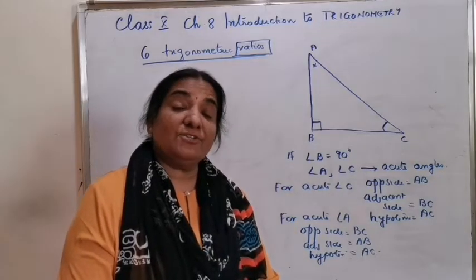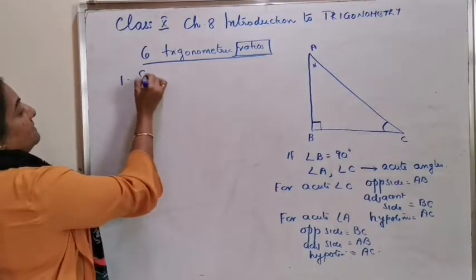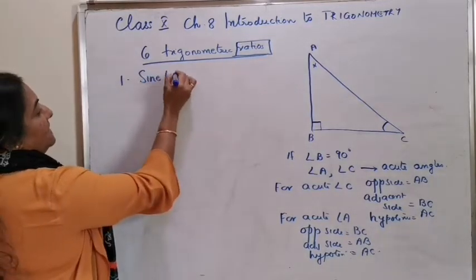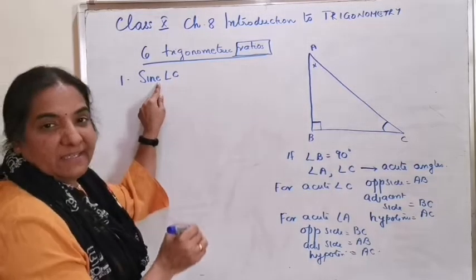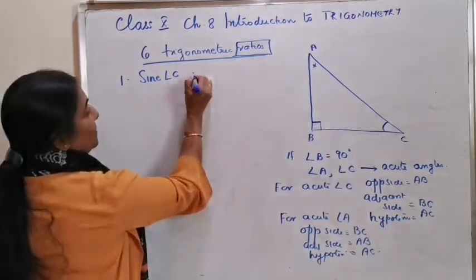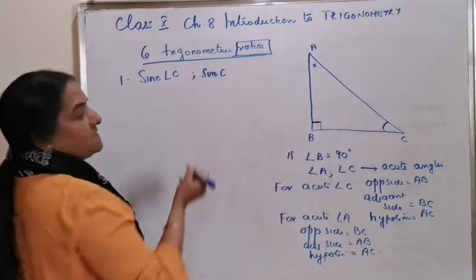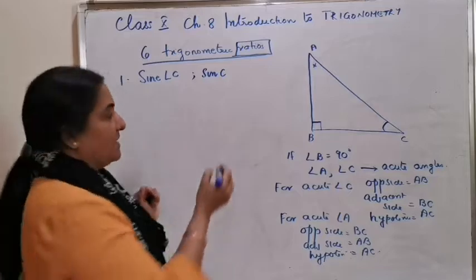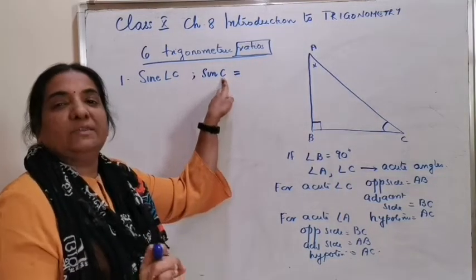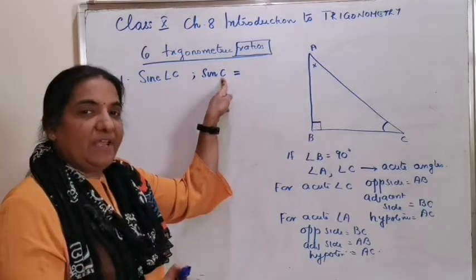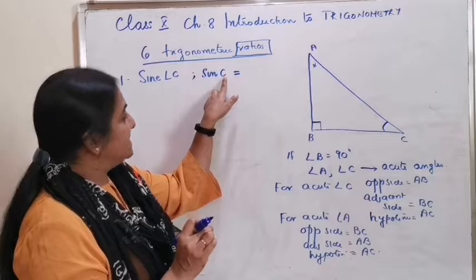The first ratio is sine of angle C. The full form is S-I-N-E, sine angle C, or we call it sine C as the short form. Normally we know that the ratios are for an angle, and so sine C is enough.